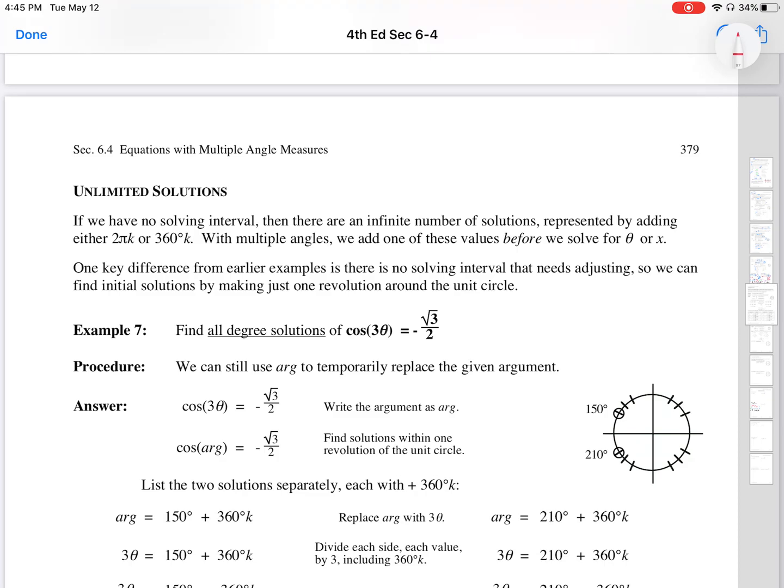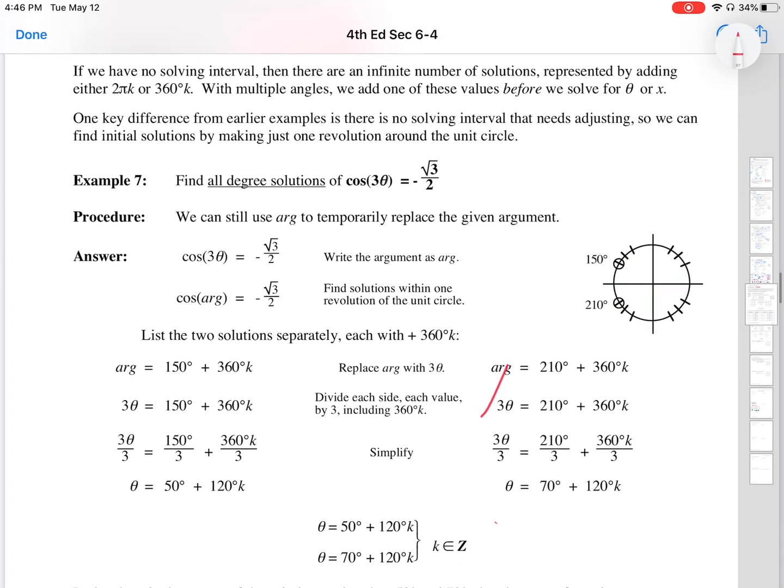Let's continue with unlimited solutions. So we write a plus 2 pi k and 360 k. Now that 2 pi and that 360 are going to vary according to our argument.